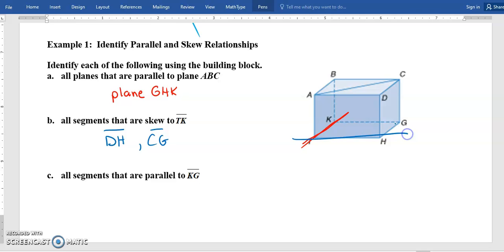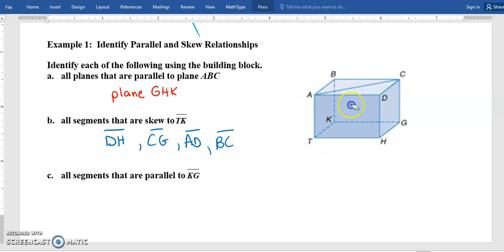That one intersects, so it's not parallel or skew. This one intersects at K, but these up top do not. Those would never intersect, but they don't run side by side. Okay, as well as, whoops, I didn't really mean to erase the red one, as well as BC. Also, this one and this one would also be skew.